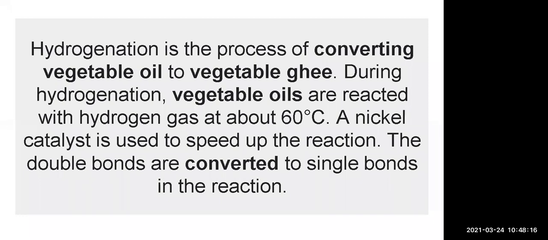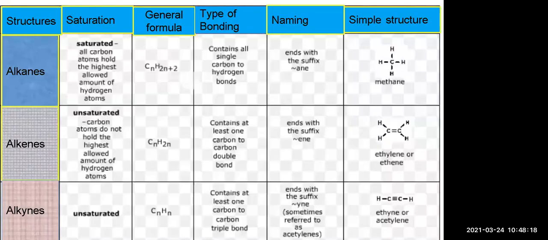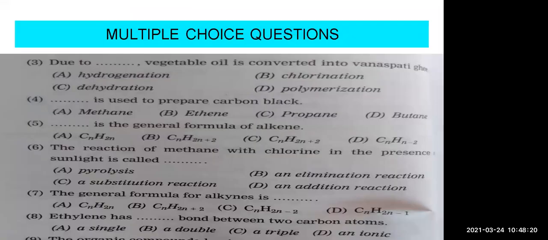Now students, as you know, whenever there is a double bond, the number of hydrogen atoms is less, so that's why double bonds are formed. So whenever you do the process of hydrogenation, that means you are adding hydrogen.